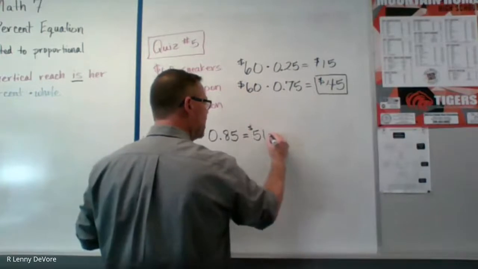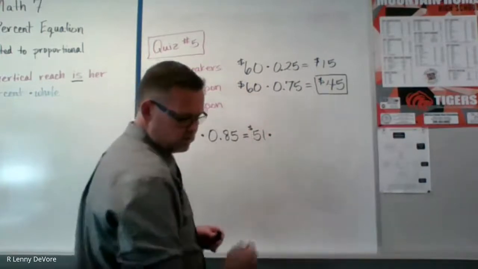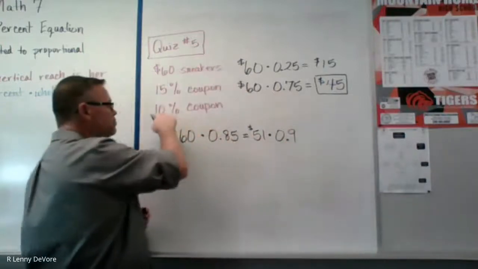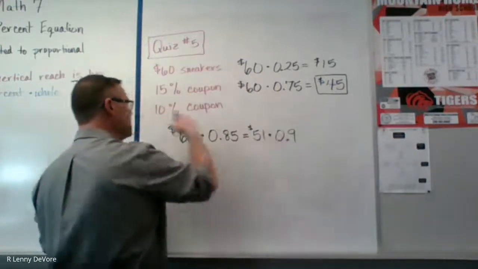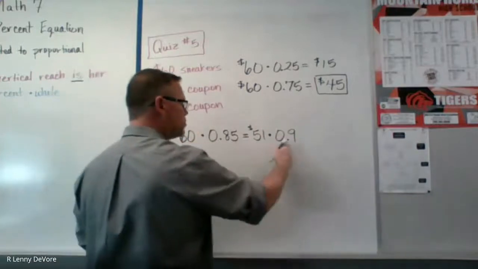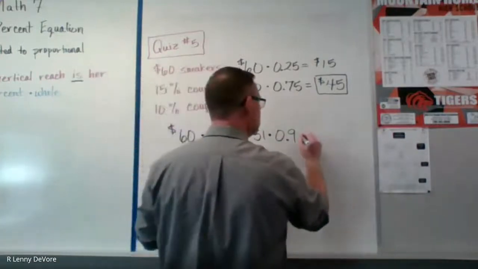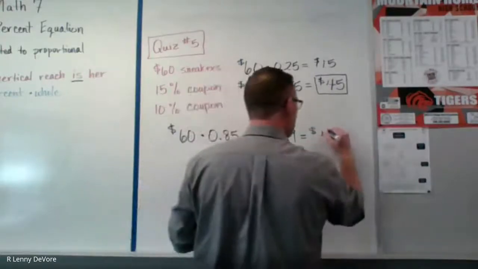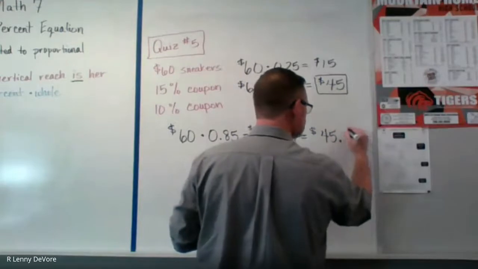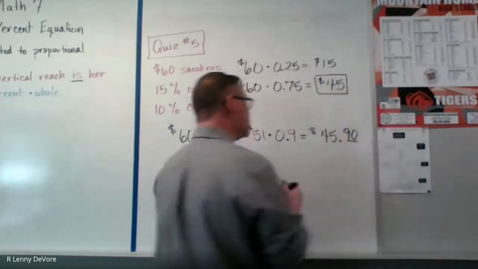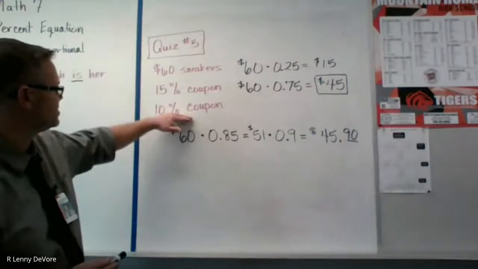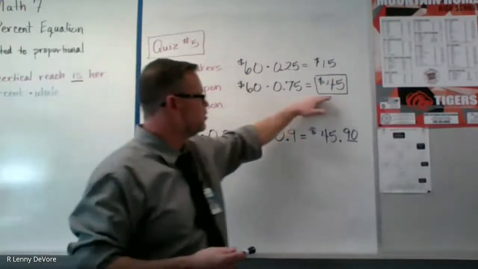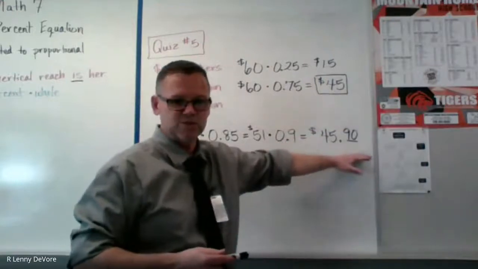And then I would multiply that by 0.9, because this is 10%, and 90% and 10% make 100. So I'm getting 90% of 51, which equals $45.90. So in other words, if the store did this all the way through with the 25% off, they would be losing 90 cents per sneaker.